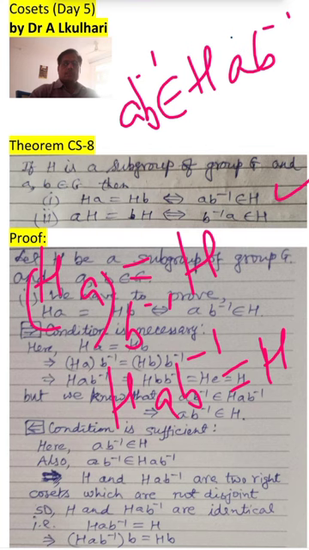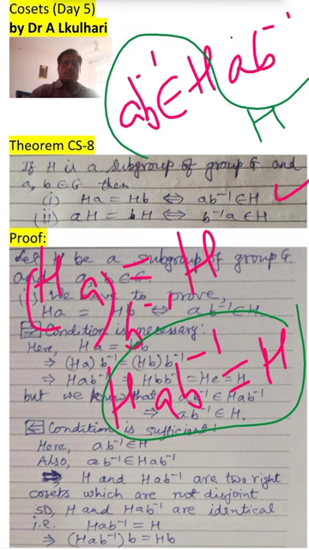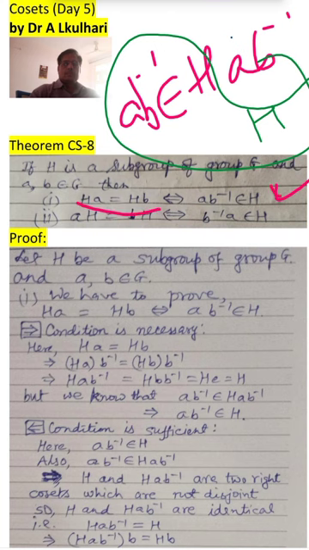But we proved that HAB inverse is H. So this HAB inverse is H, and this gives AB inverse is the member of H. So we had to prove this: if HA equals HB, then AB inverse is the member of H.